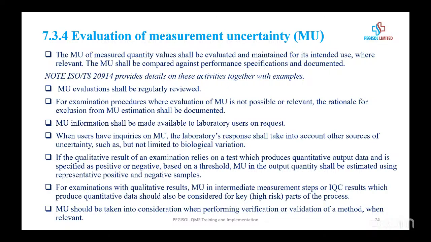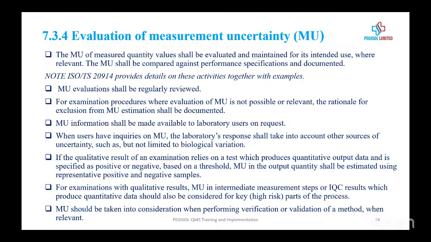The MU is measurement uncertainty. Quantity values shall be evaluated, maintained for the intended use, where relevant. Now, the MU shall be compared against performance specifications and documented. If you look at ISO 20914, it provides detailed activities on how to go about MU. But MU evaluation shall be regularly reviewed. It could be yearly, it could be every two years.